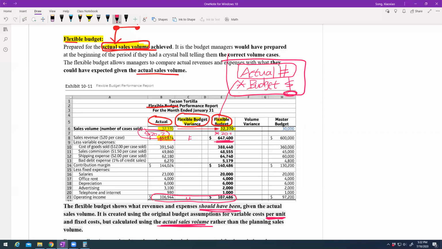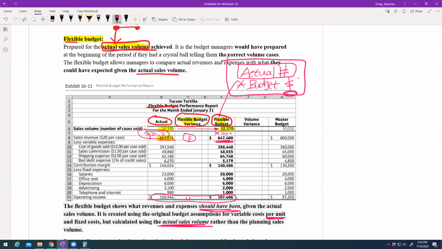So we have this favorable sales revenue not because we sold more units, because we sold the same units, but because our selling price is higher than our budgeted $20 each. We budgeted to sell at $20 each, but actually we sold at $20.2 each. So for each unit, we get 20 cents more, right? That's why we have a favorable revenue.